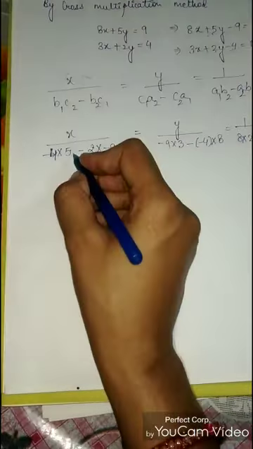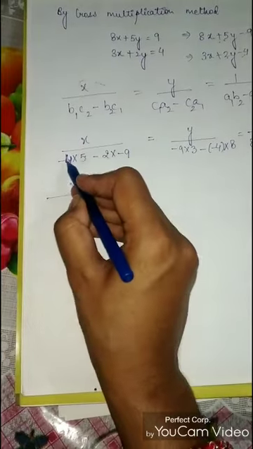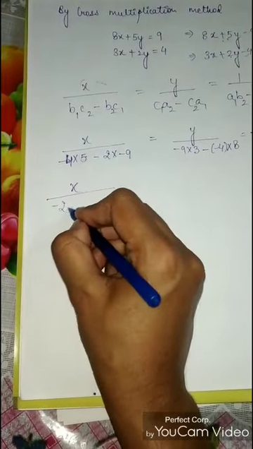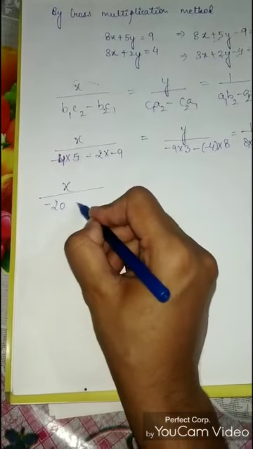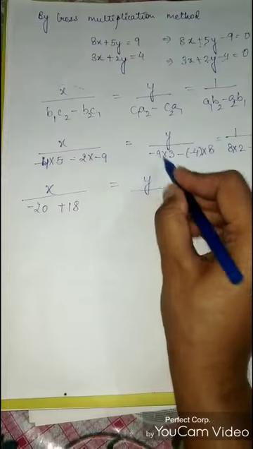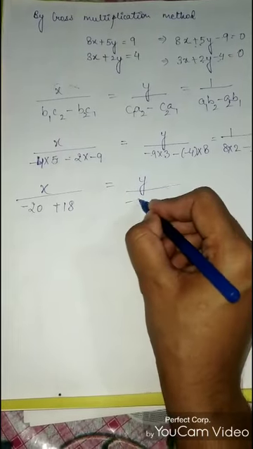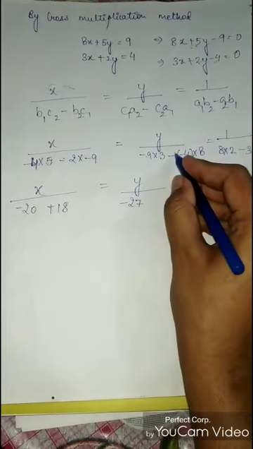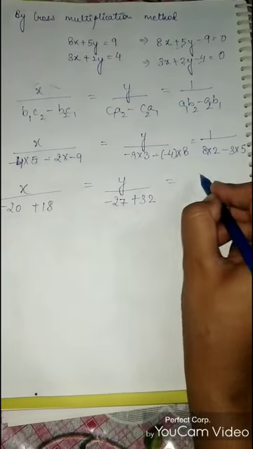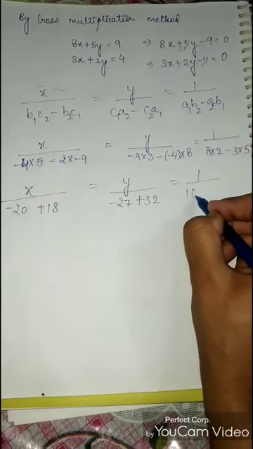Solve now. Plus minus minus 4 5s are 20, minus 20, and minus minus plus, so plus 18 is equal to y upon, plus minus minus, multiplying we get minus 27, minus minus plus 32, is equal to 1 upon 16 minus 15.